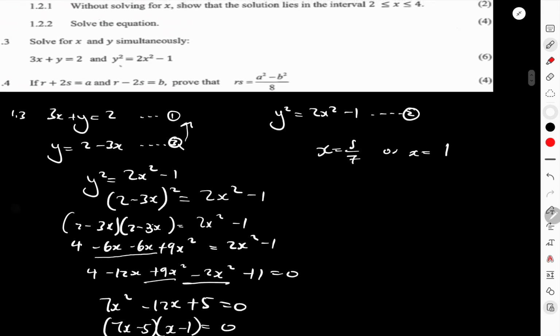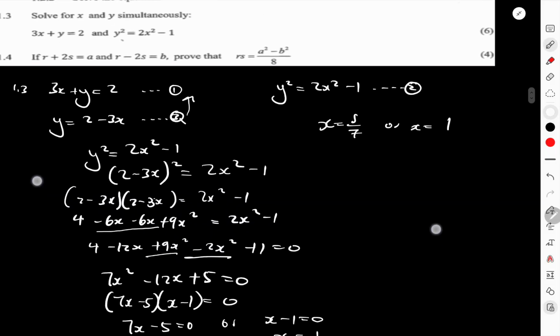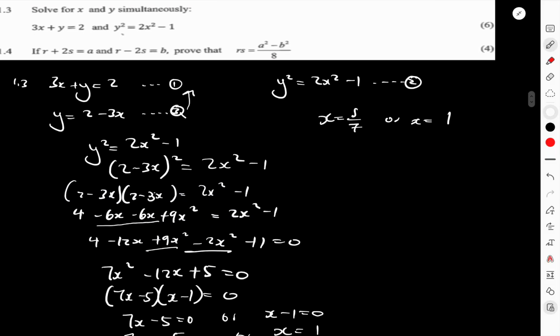Meaning, let us go back to equation number 3. Wherever I see x, I have to substitute the value of x, so that I find the value of y. Equation number 3 was given as y equals 2 minus 3x, right? Wherever I see x, substitute the 1, and wherever I see x, substitute this 5 over 7, so that we can find the value of y.